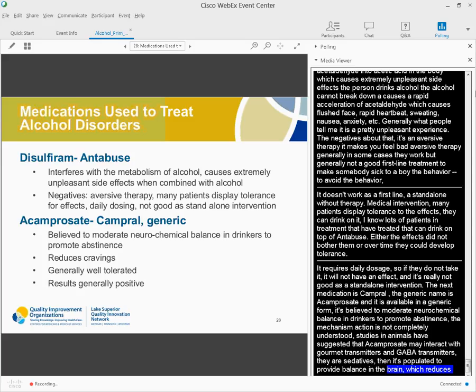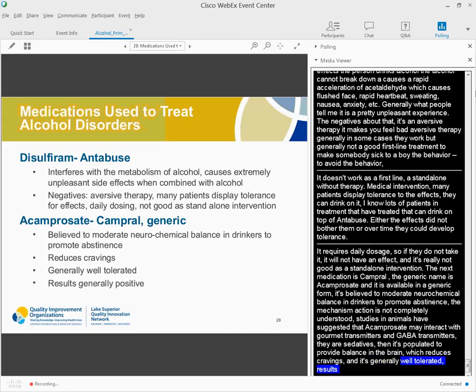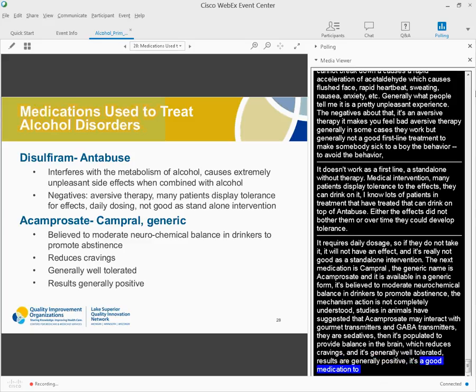The results are generally positive from most of the studies I've read on Campral. So it's a good medication to reduce cravings in patients that are probably at the risky, hazardous, or heavier binge drinking levels.